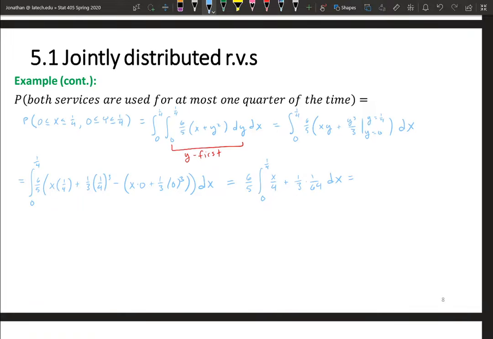Integrate that. Get 6/5 times (x squared over 8 plus x over 192), since 64 times 3 is 192, from 0 to 1/4.